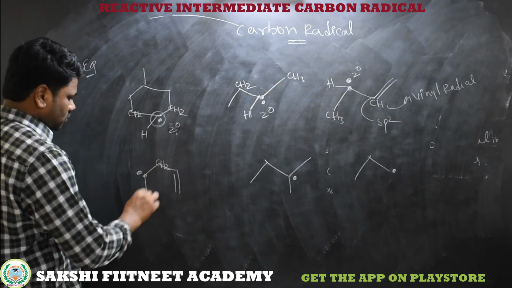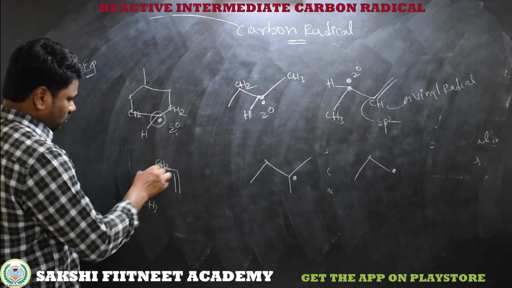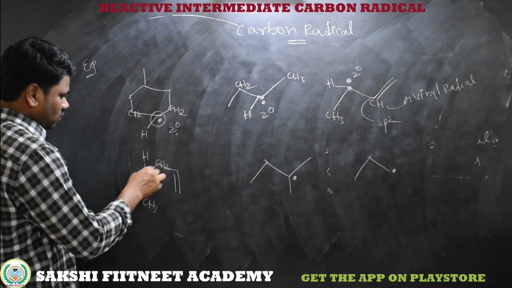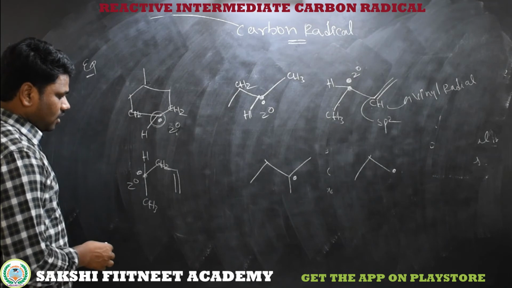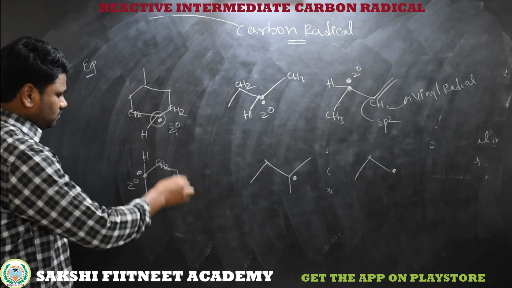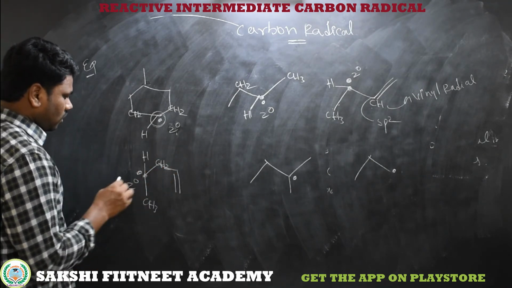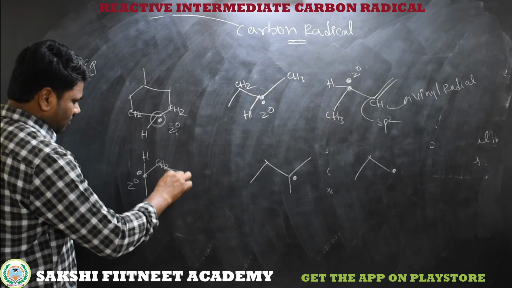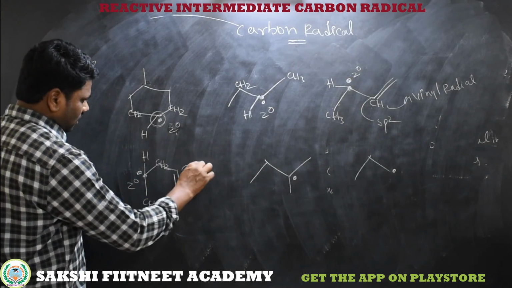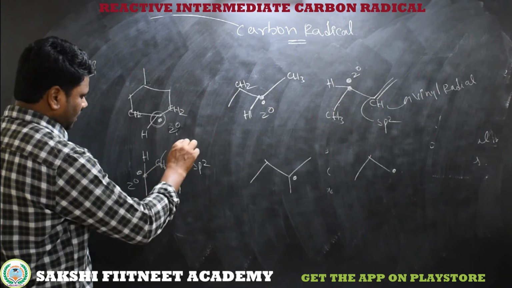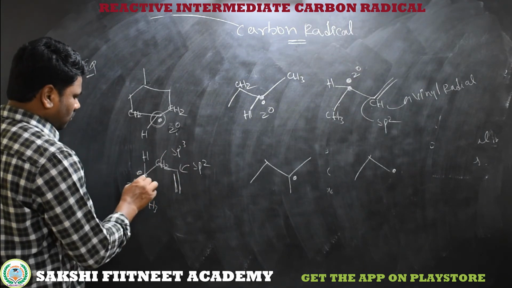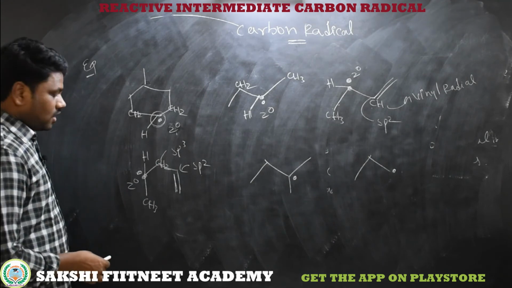Now coming to this molecule, here we have a radical. This is a CH2 and a CH3. So based on the number of carbons, it is a secondary carbon radical. But coming to the common classification by observing the whole molecule, see here a double bond is here. This is an sp2 carbon bonded to an sp3 carbon. This sp3 carbon is bonded to the carbon radical.